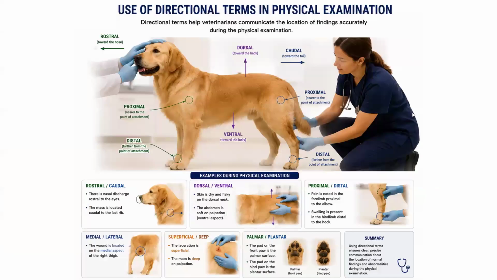And I'll be going further to buttress my point, to tell you why directional terms are essential in veterinary practice. Because a whole lot of vet doctors are out there and they don't really know how important directional terms are. Not just directional terms, even body planes and even body cavity.